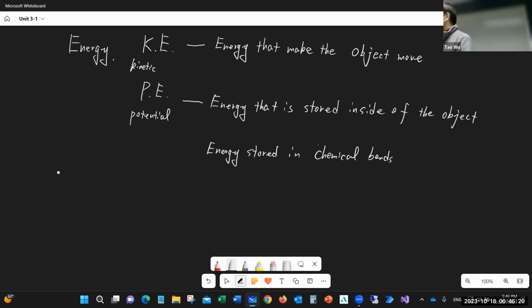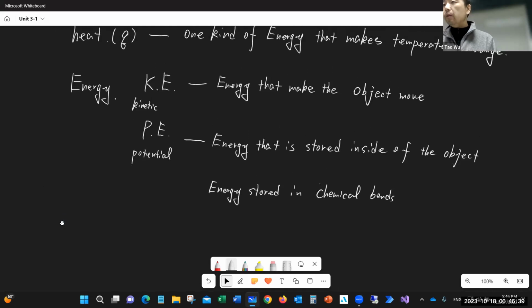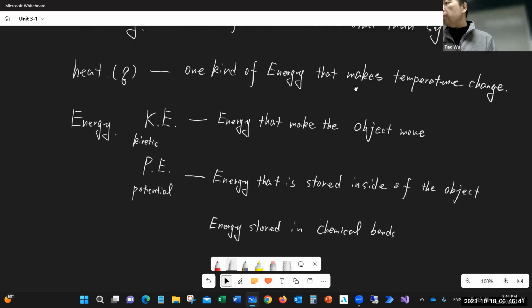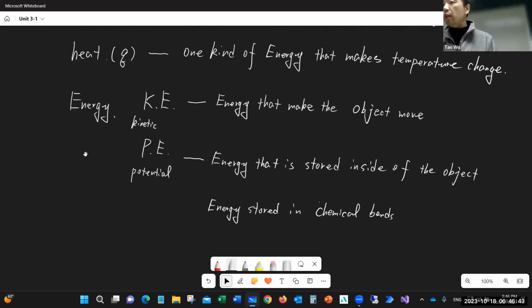But right now, this energy is the heat. Heat is also energy, but this energy is not stored somewhere. It's not making something move faster. It's trying to increase the temperature. So heat is a kind of energy that makes temperature change.